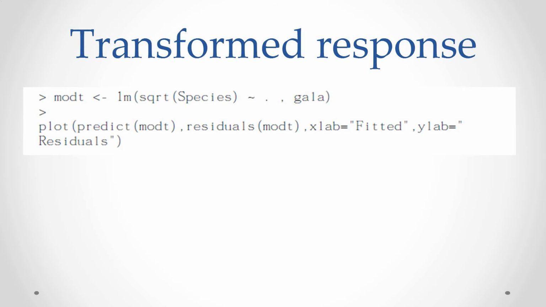So here is the code which we used to produce the plot on the previous slide. So mod t is an object constructed using a linear model of square root of species on all the variables excluding endemic, and we plot predict mod t and residuals mod t to look at the variances.